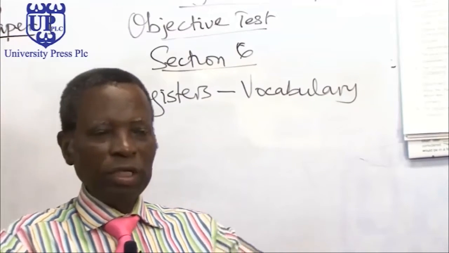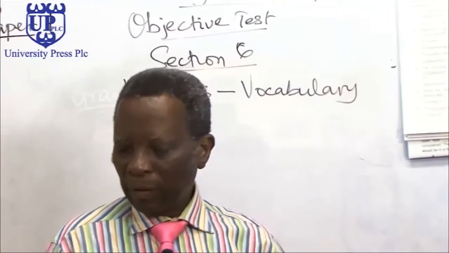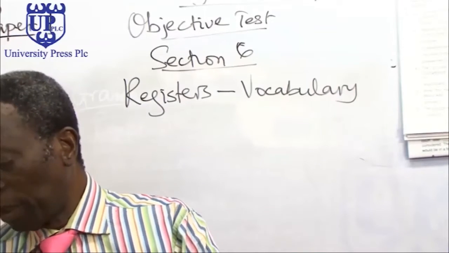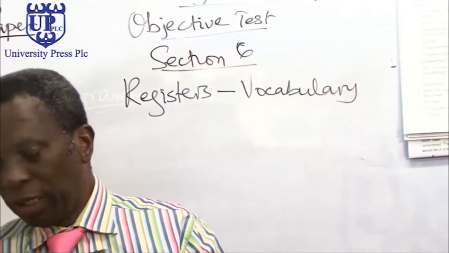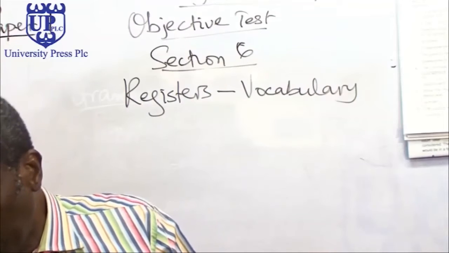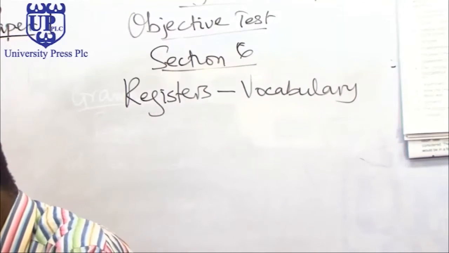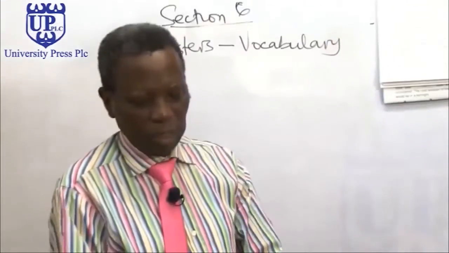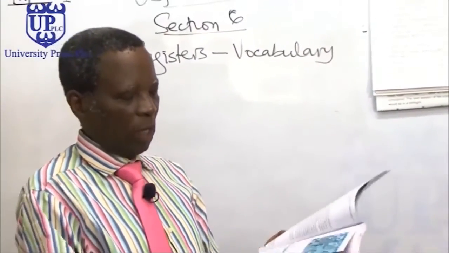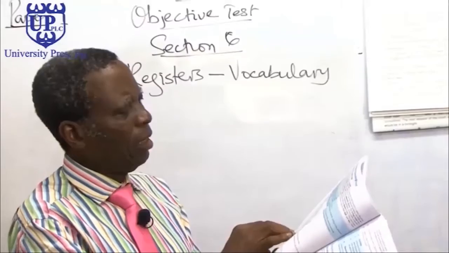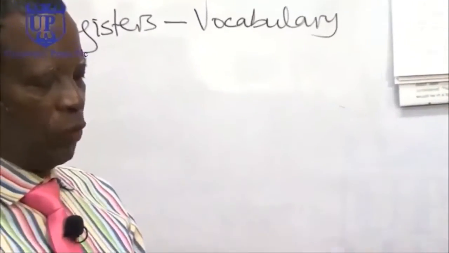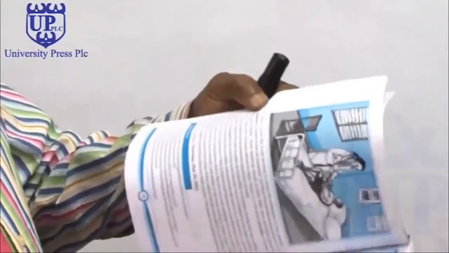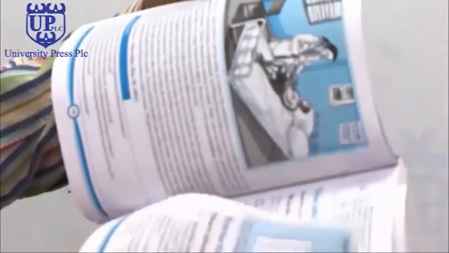All these you have to read up in the syllabus. And if you look at all the books in this series, I mean books 1, 2, 3, these have been very well treated in each of the books. For example, if you look at book 1, page 4, this deals with family and home life. You have many of them. We cannot go through everything, but we shall just look at them.